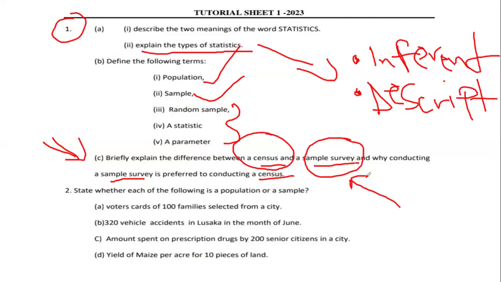And one last question, they're saying, why is conducting a sample survey preferred to conducting a census? What can you say about that? What can you say about why a sample survey is preferred to conducting a census?